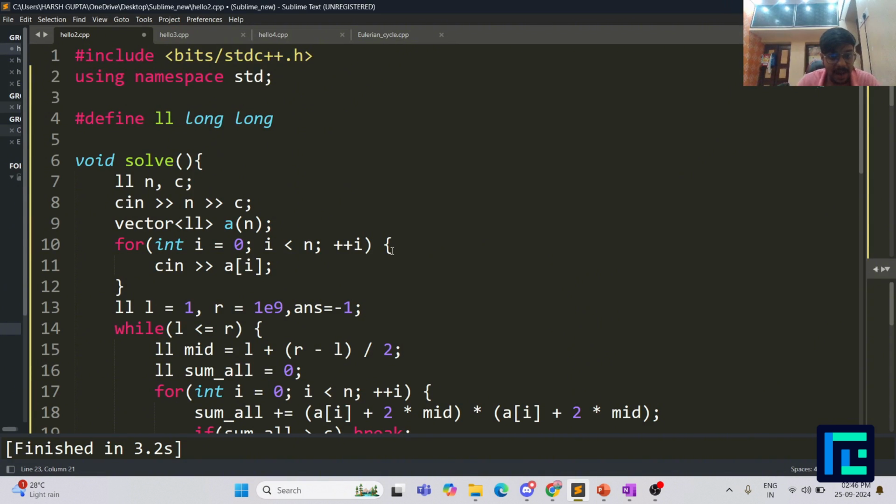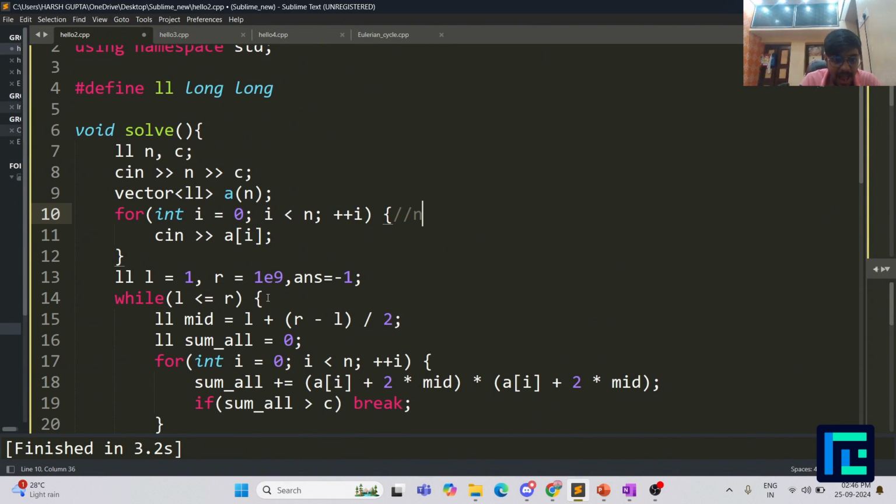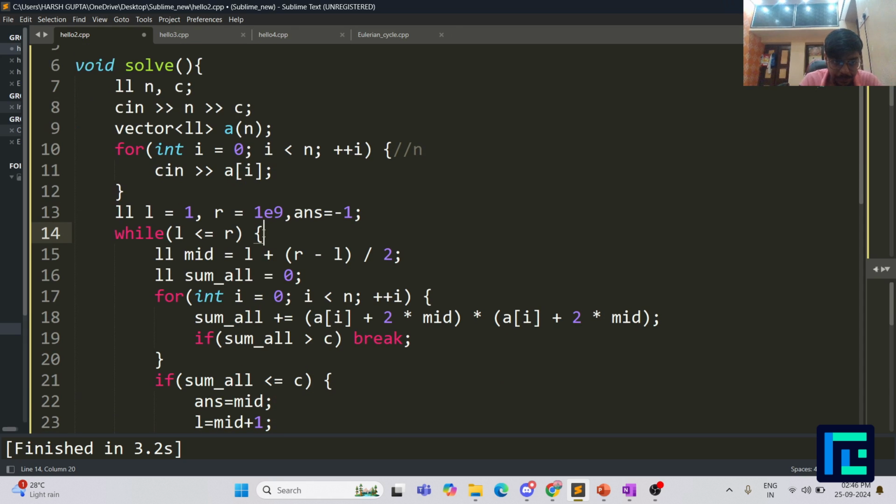So if I talk of time complexity over here, this loop takes a time of n, that is taking input, and in the while loop, that is L and R, since I am reducing the search space by half at every iteration, this actually takes log of 1e9 time, and inside this, if you look, I am running a loop of n, right?